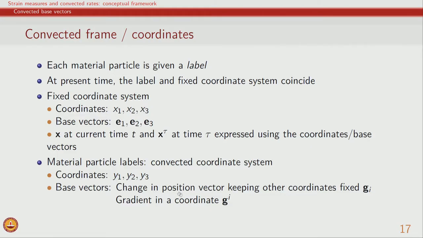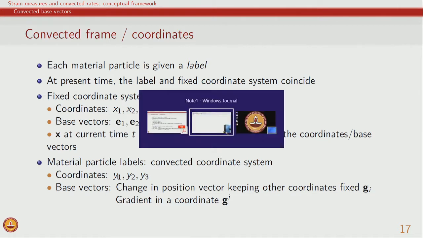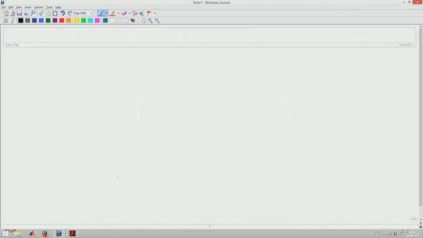We can look at the change in position vector, or how the position of a material point changes when we keep the other coordinates fixed. So, for example, if we are looking at y1, the base vector in the y1 direction is the direction which keeps the other coordinates fixed.